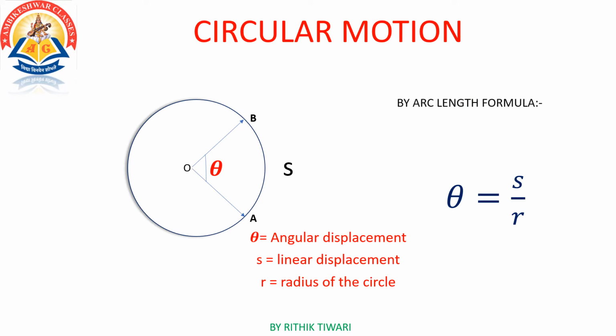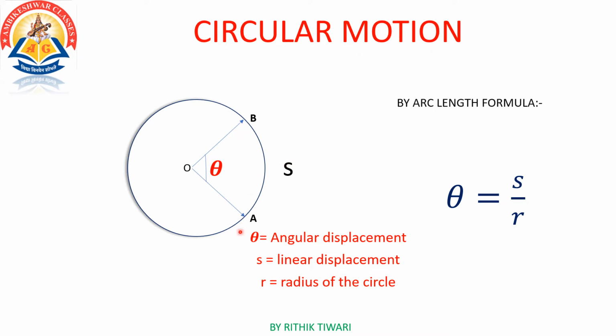As you can see here, there is a body, and let's say the first position of that body was at A, and now it has moved to B. This body is tracing a circular path, so the name is circular motion.